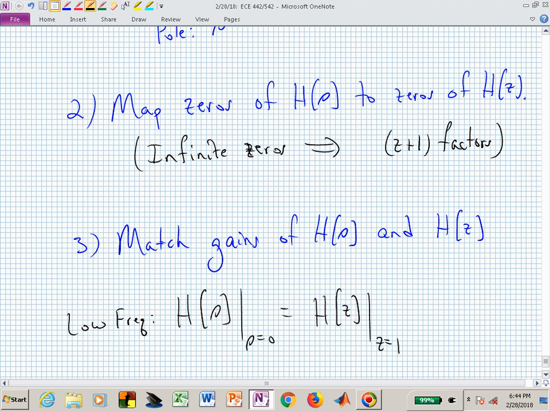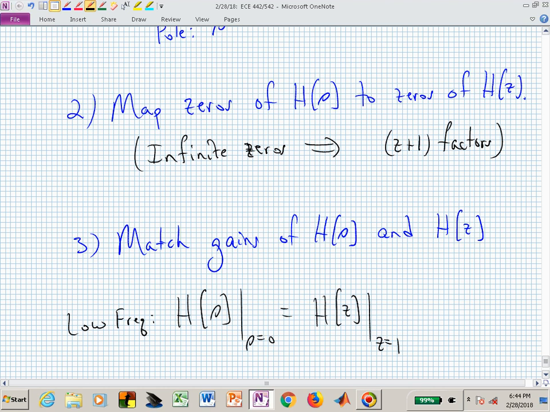If our filter or our circuit or our system was more high pass in characteristic, then we might match these gains at high frequency. So we might let s go off to infinity, and what do we want z to go to?